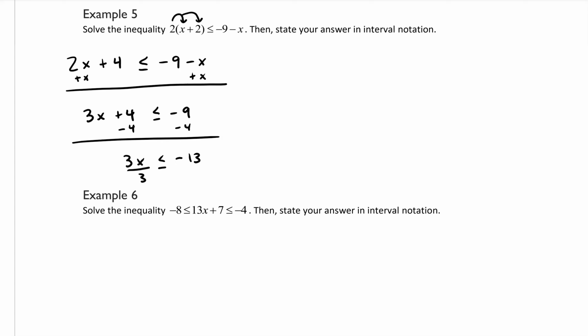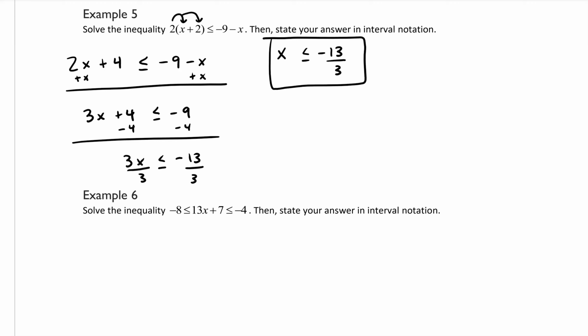Then I want to divide both sides by 3. And don't forget, whenever you divide or multiply by a negative number, we have to switch the direction of the inequality symbol. But notice that we are not dealing with negatives here, so we don't have to worry about that in this scenario. So we have x is less than or equal to negative 13 over 3.